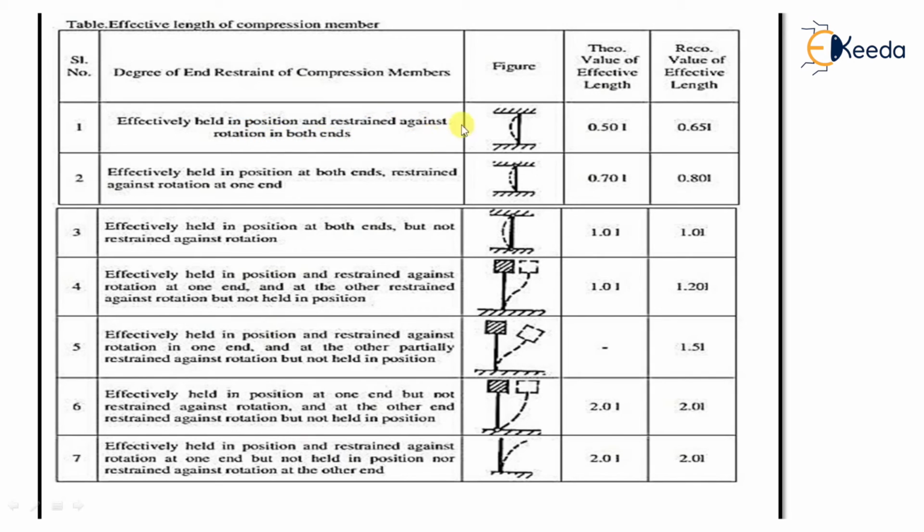That means both ends are fixed. For that, the recommended value for effective length is 0.65 L. Similarly, the second is effectively held in position at both ends, restrained against rotation at one end. For this condition, IS recommends that the effective length should be 0.8 times the span. Similarly, different conditions are given, and from that we can find the value of effective length.